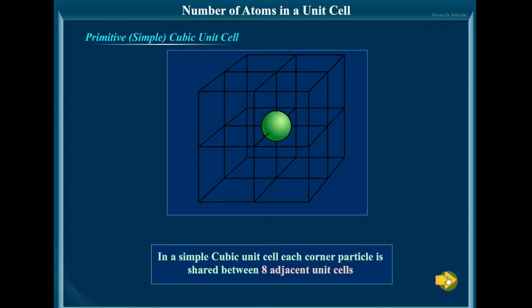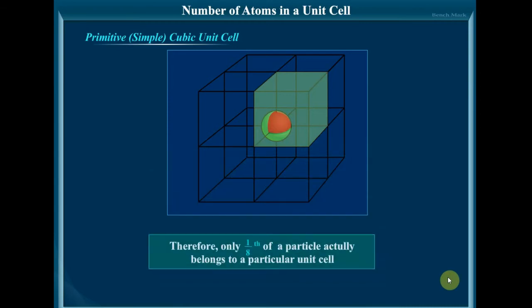You can count and see there are 8 adjacent unit cells. Can you find that, children? There are 1, 2, 3, 4 at the bottom and again 4 above. So that particular green particle shown there is shared by 8 unit cells.